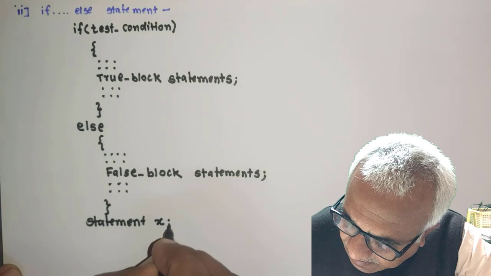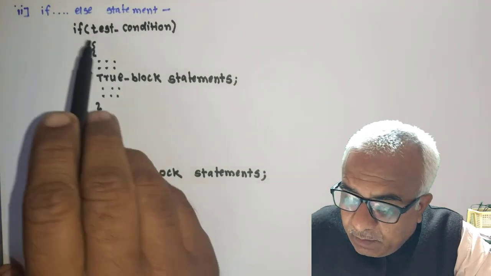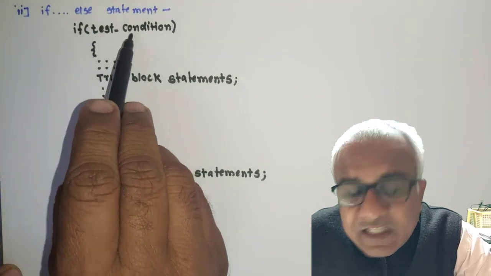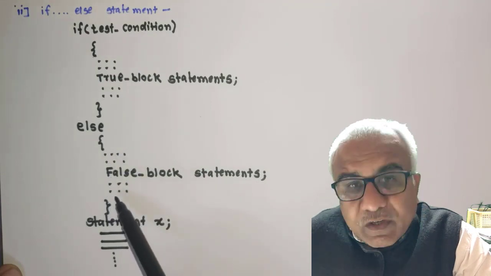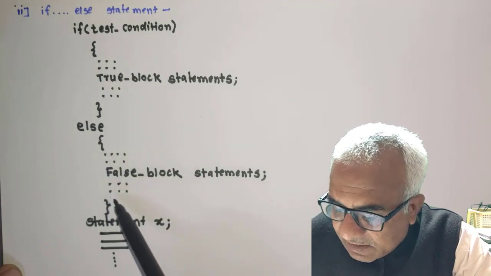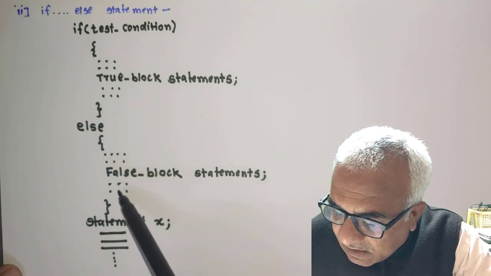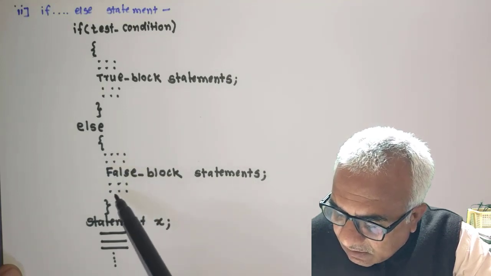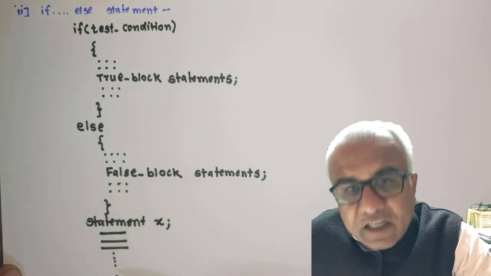Statement X and next statements are then executed. But if this test condition is false, then false block statements are executed, and after execution of all the statements in the false block, statement X is executed, and then next statements are executed.